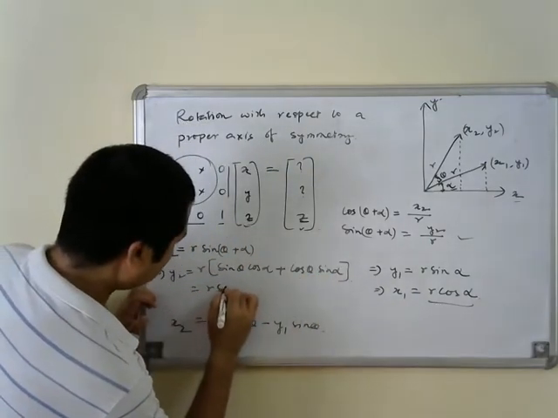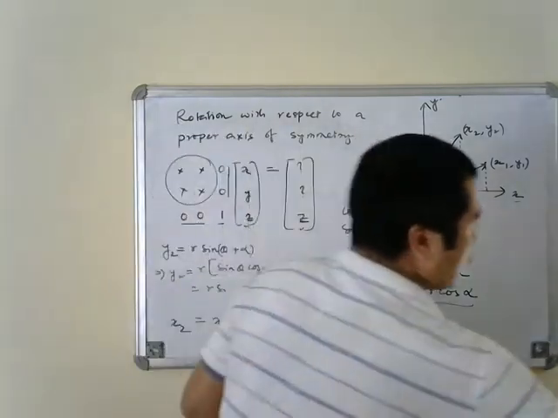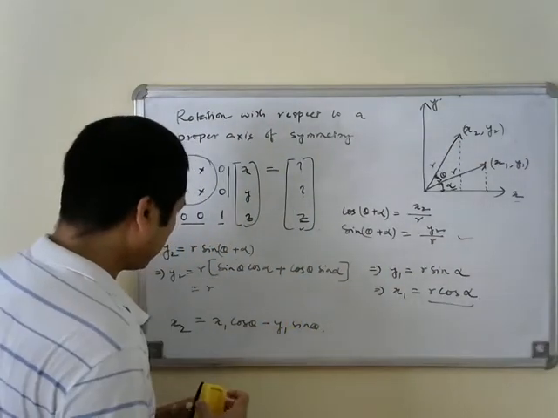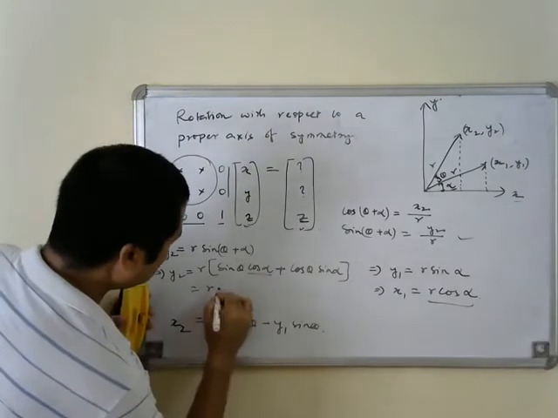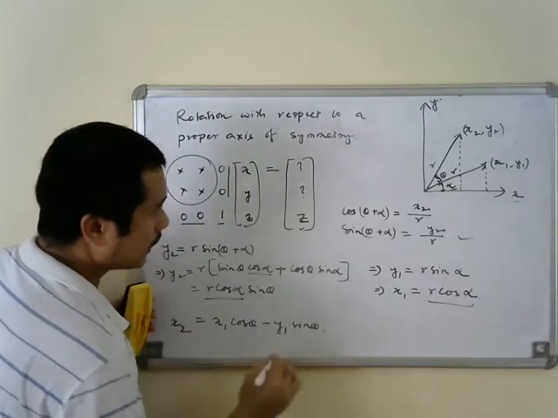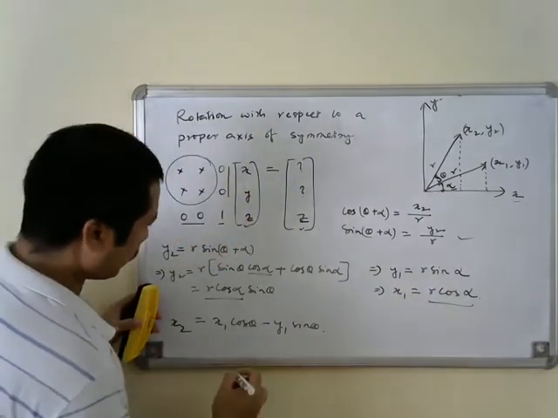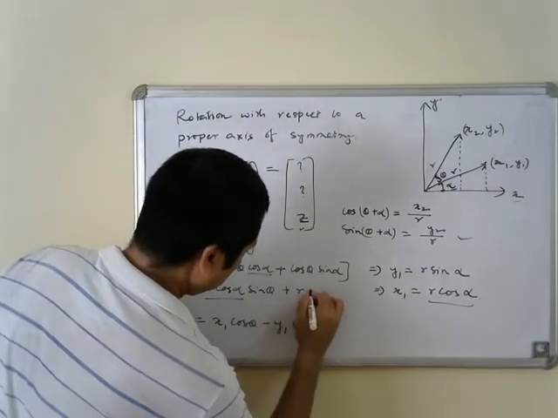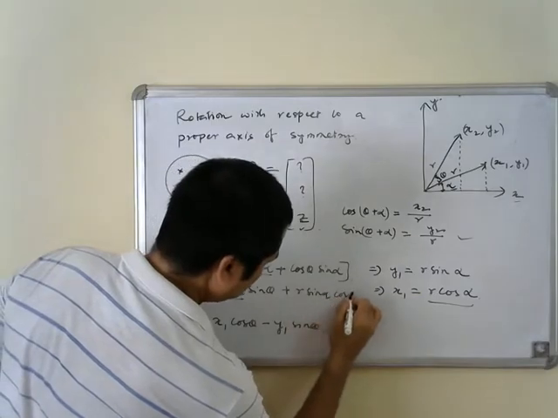So r cos alpha, I'm writing cos alpha first because we want to write it in terms of x1 and y1, plus r sin alpha cos theta.